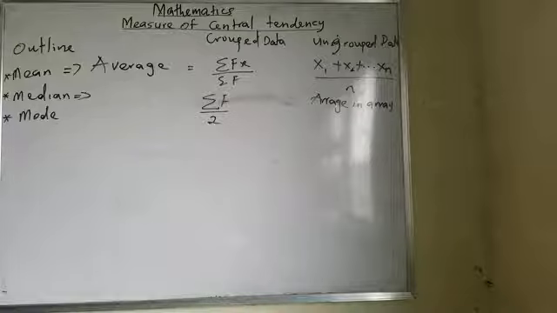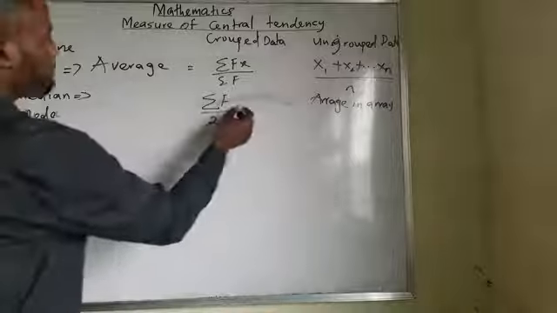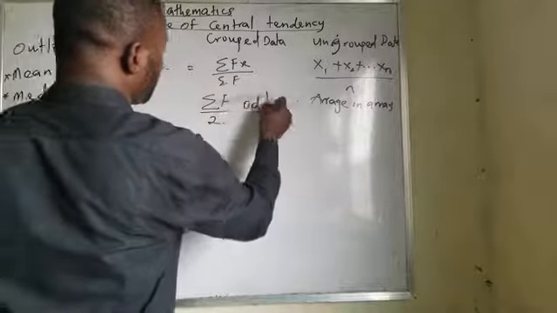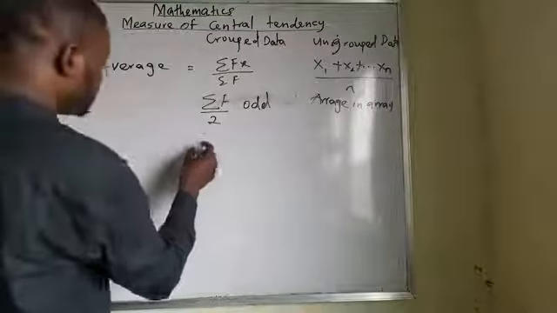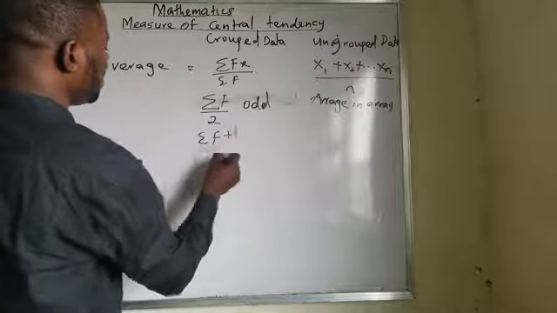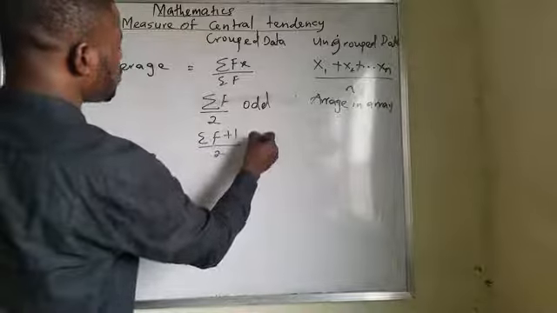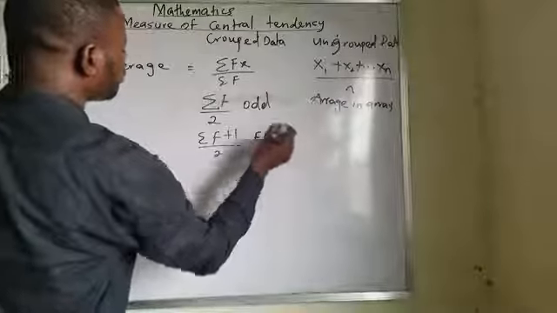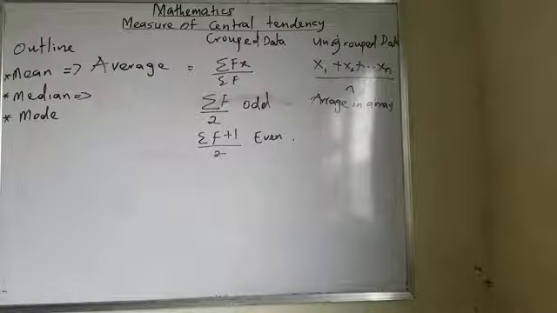I think it will be divided by 2. Yes. Now, this is for the even. If it is odd, summation of f plus 1 divided by 2. Please take note of that. These are the things you need to understand.